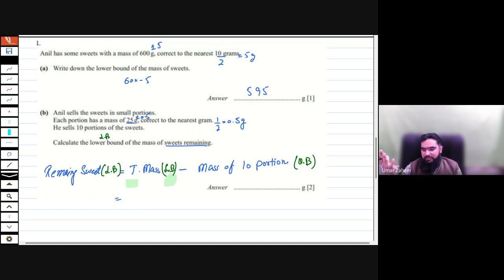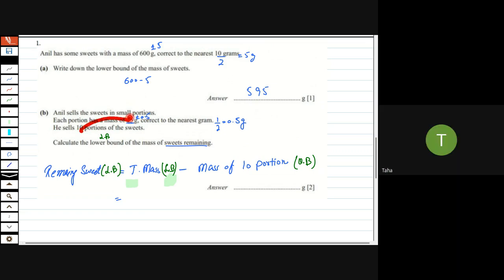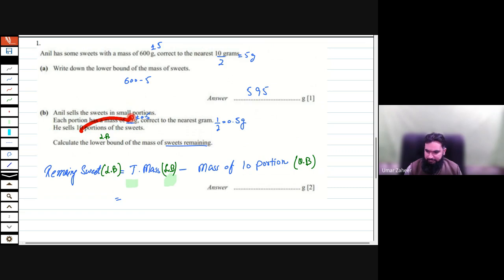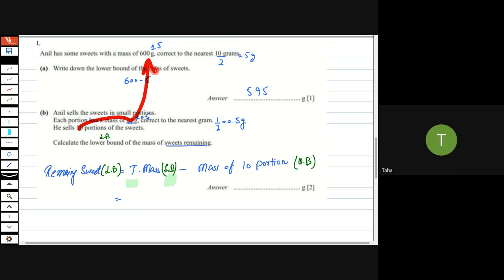So if you have to find the remaining mass, 10 multiplied by 25, that will be 250. So 250 grams you have to use. What is the remaining? Just subtract it from the total. 350, if I'm not wrong.